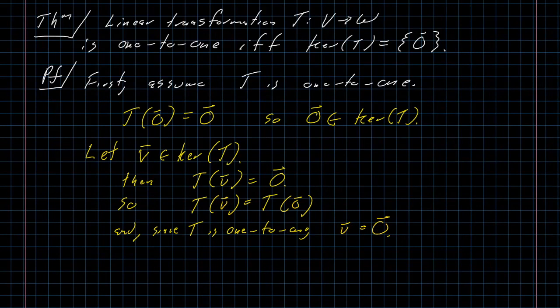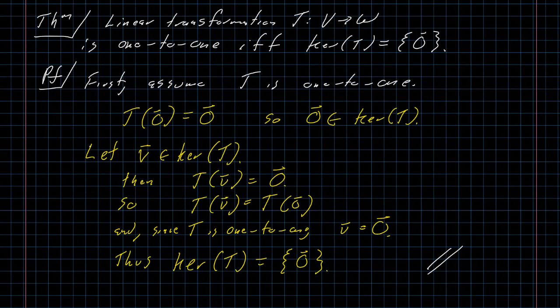And so with that, we have shown that anytime you take a vector out of the kernel, you have to have taken out the zero vector. The only way that works is if the only vector in the kernel is in fact the zero vector. Right. That's my first direction.